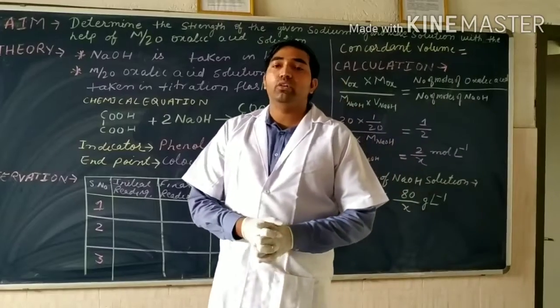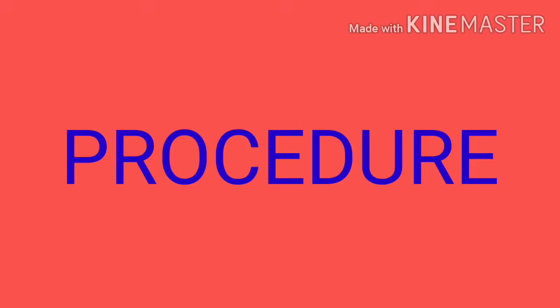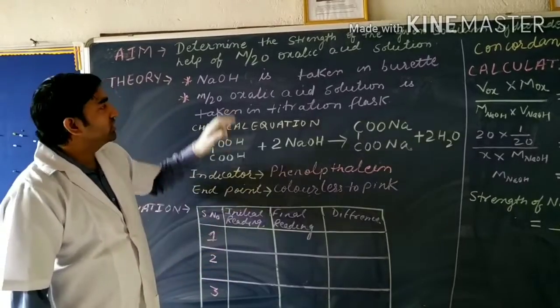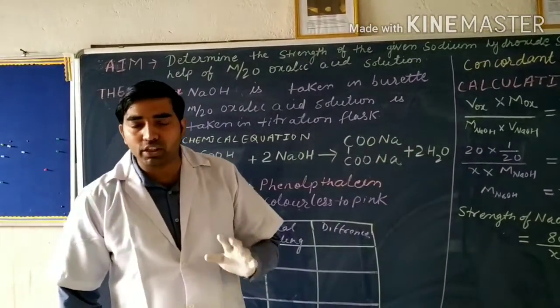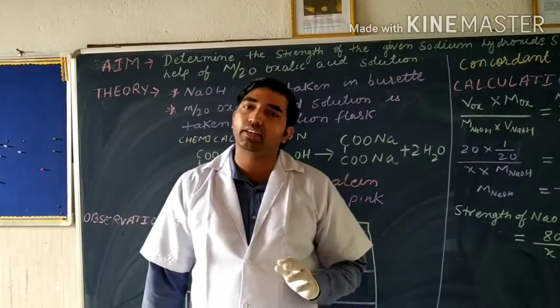Okay, now I am going to discuss the procedure related to the experiment. First, we have to prepare the standard M/20 solution of oxalic acid. For this preparation, we need 1.57 gram of oxalic acid crystals.